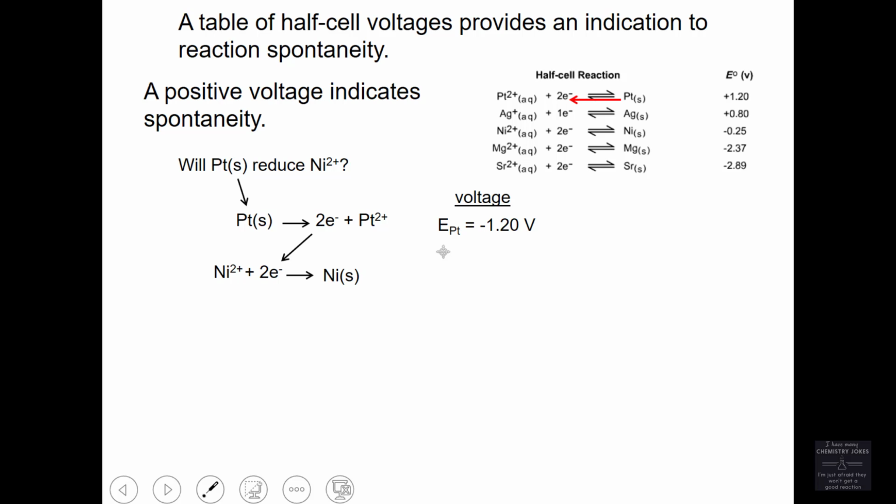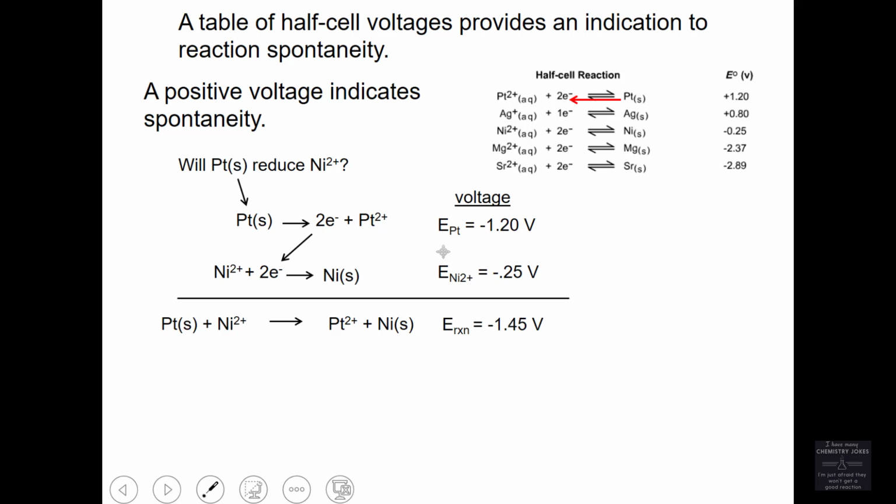Therefore, the oxidation potential is negative 1.2. Nickel is written exactly as found in the table, so we just bring that value down as negative 0.25. If you sum those reactions, you'll get negative 1.45 volts. A negative voltage means non-spontaneous.